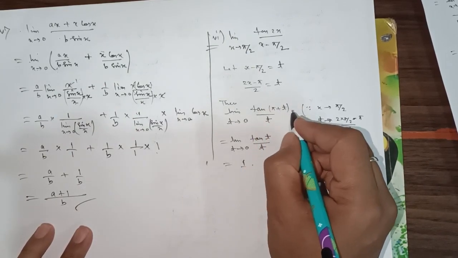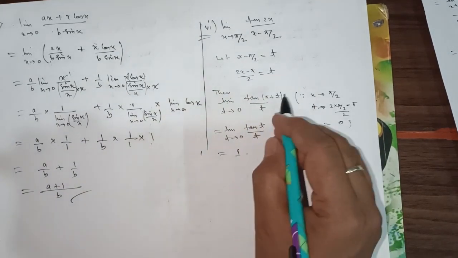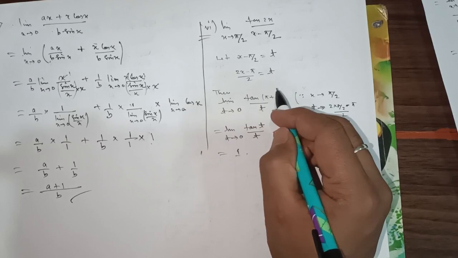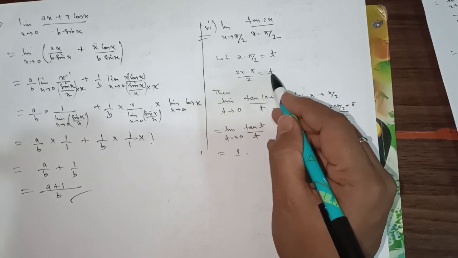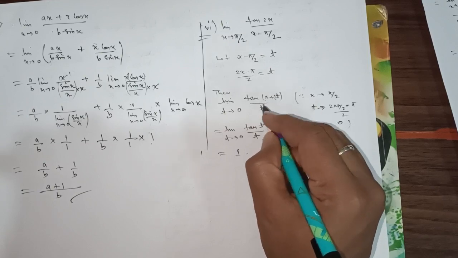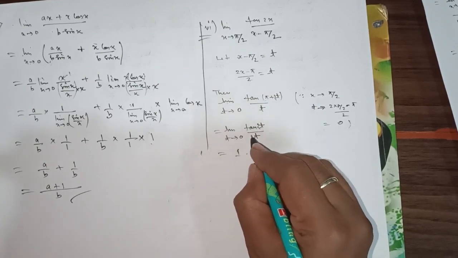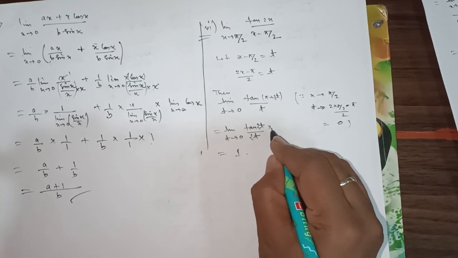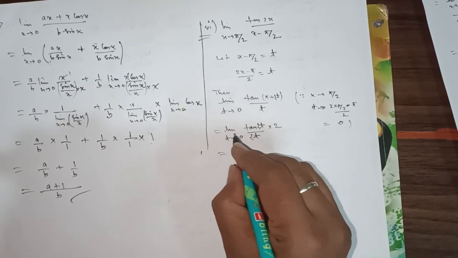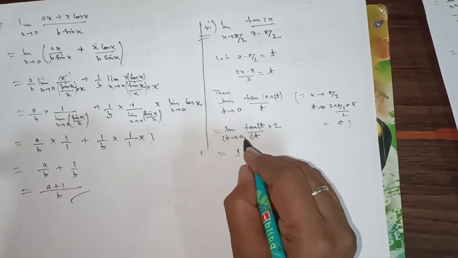Sorry, a little mistake is there. So we'll get here 2t. So 2 will be here. Okay, and pi plus 2t gives 2t. So we have here t. We take 2, and 1 2 would be multiplied here. As t tends to 0, 2t tends to 0.